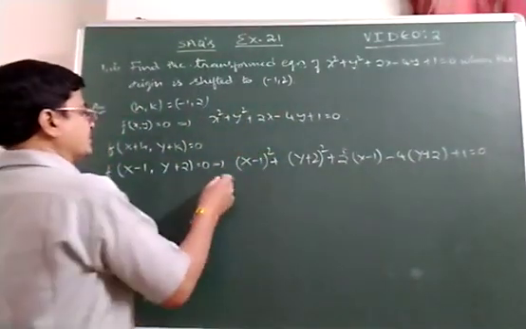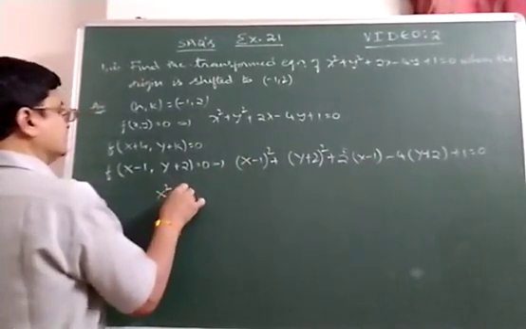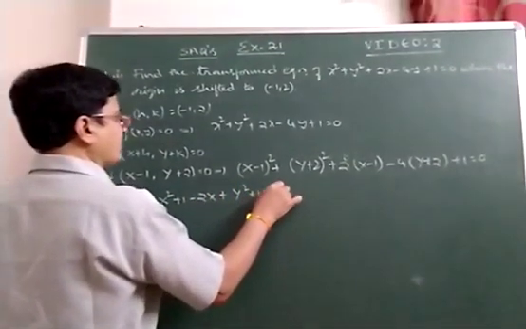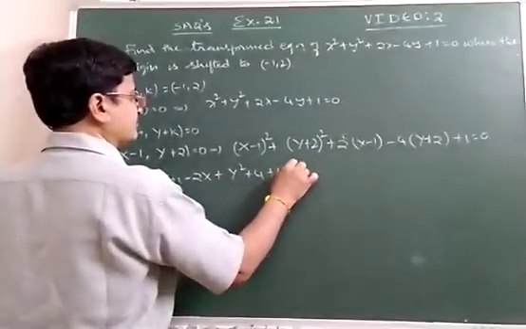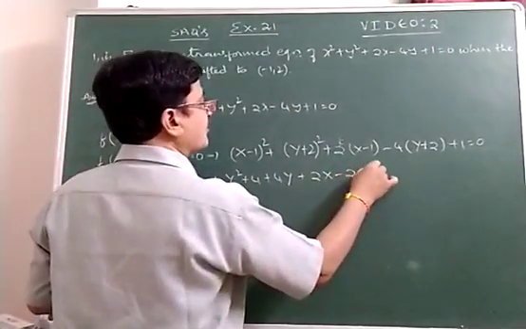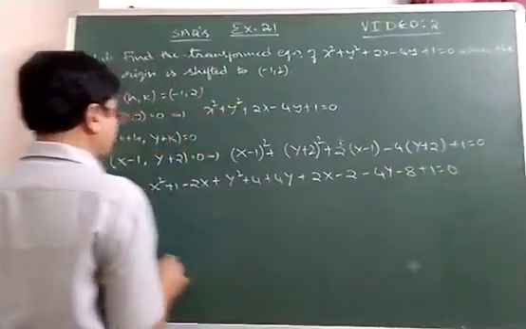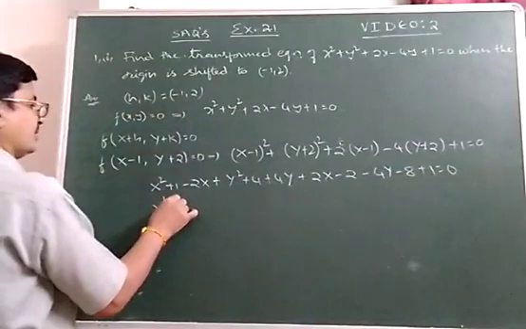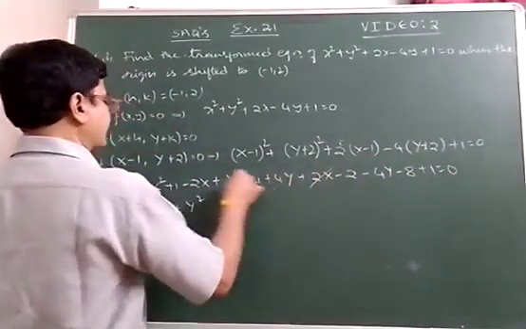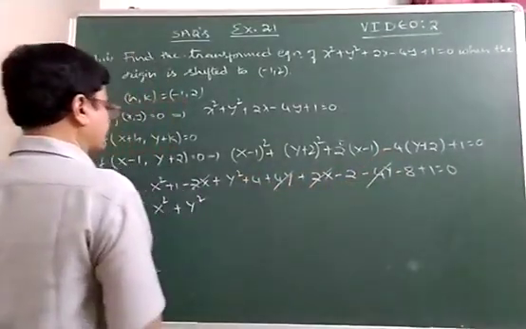When we expand this, a minus b whole square, that is X square plus 1 minus 2X plus Y square plus 4 plus 4Y, plus 2 into capital X minus 2 minus 4 into capital Y minus 8 plus 1 is equal to 0. Now this can be written as capital X square plus capital Y square, minus 2X plus 2X is cancelled, then 4Y and minus 4Y is also cancelled.